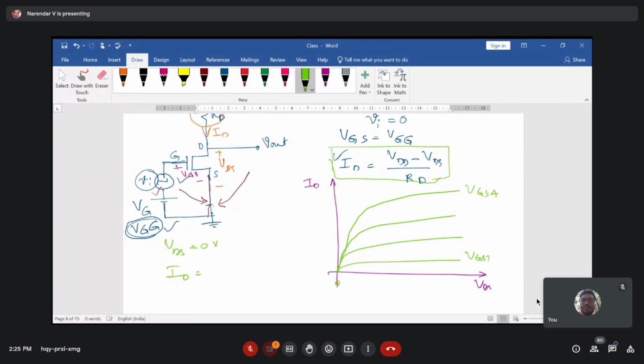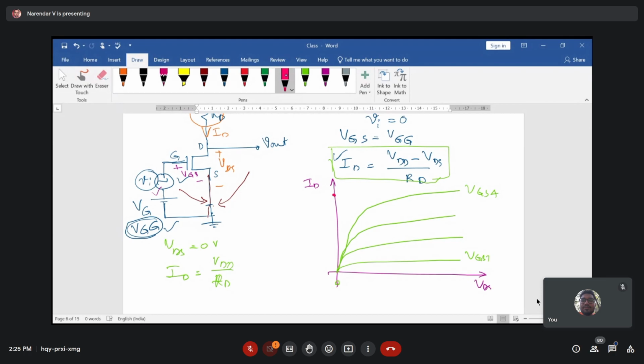Now you subtract this VDS value, which is 0, and you get VDD by RD. Because VDS is equal to 0, at that point you have the maximum current in your transistor, and that current is depicted somewhere here. This is the maximum current that you're going to get, which is VDD by RD.